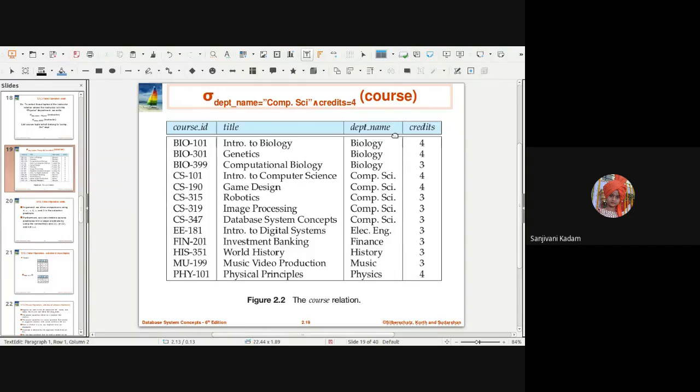Relation name, do not forget to give the relation name always, not as a subscript but next after this clause. So this is how we write it. If I wanted to list only the title, I will use the symbol pi, and to that I select only title.